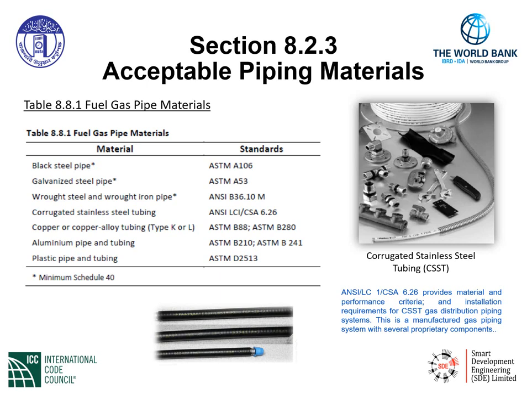This provides material and performance criteria regarding this specific material. Now, corrugated stainless steel tubing is just that. It's a stainless steel material. It has corrugations in the tubing, and it is manufactured specifically for gas piping systems.